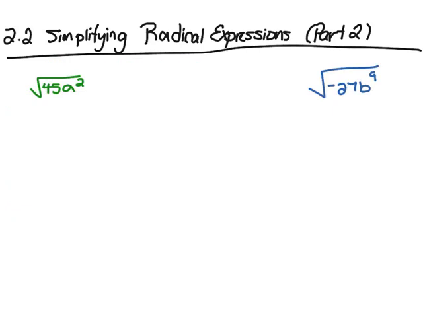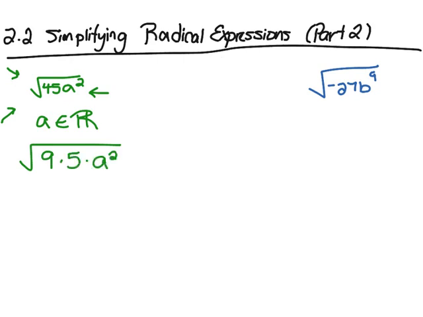For our first one, we want to state whether or not it's going to be defined, and simplify. Because we have an even index, but our a value is squared, we know that a can be any real number. Now we're going to break up the 45. 45 breaks up to 9 times 5 times a squared. The root of 9 is 3.